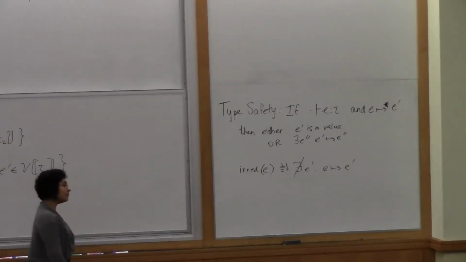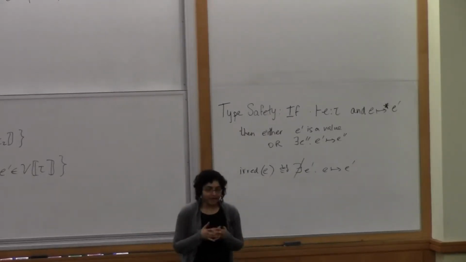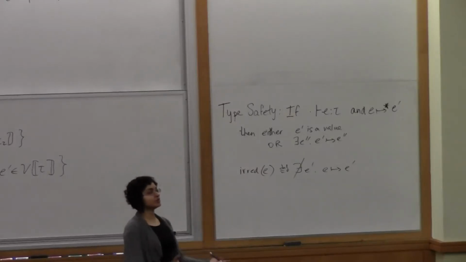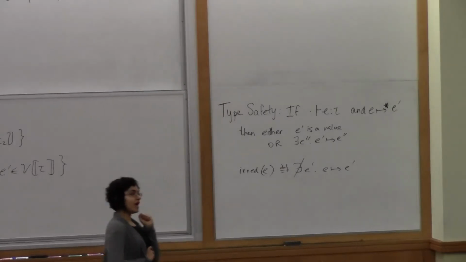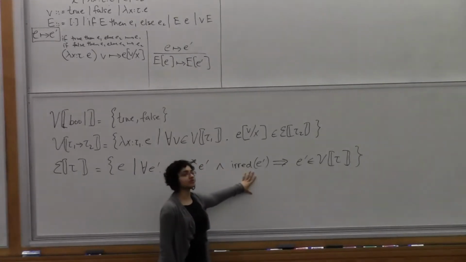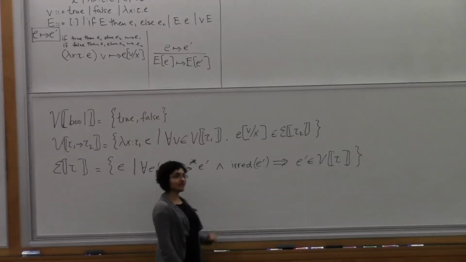Well, type safety in general should be, it doesn't matter how many steps you've taken till now, you should now be able to take one more step. That's why I'm starting there. And here, I'm basically saying, take however many steps you need to take to get to an irreducible state, when you can't take any more.